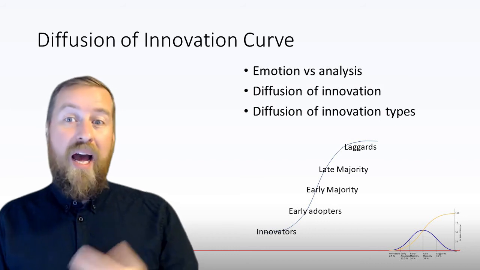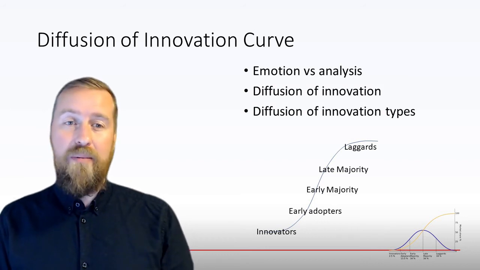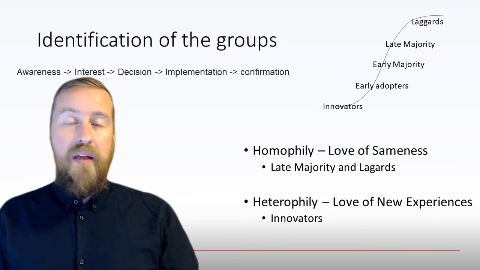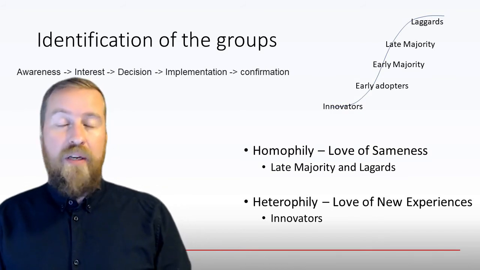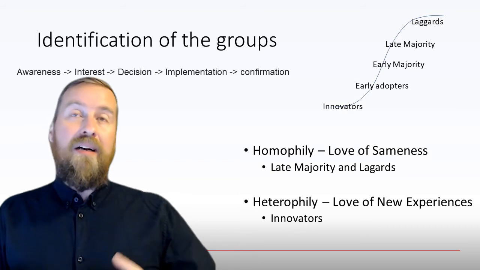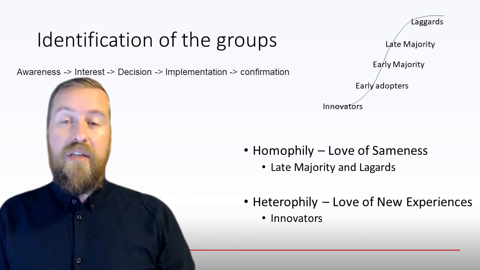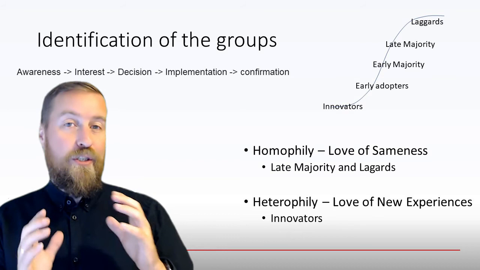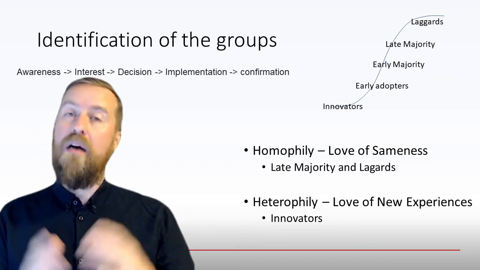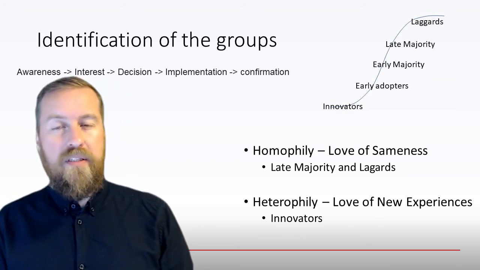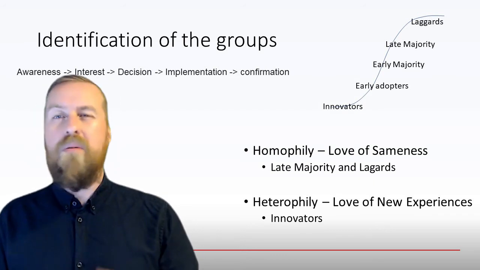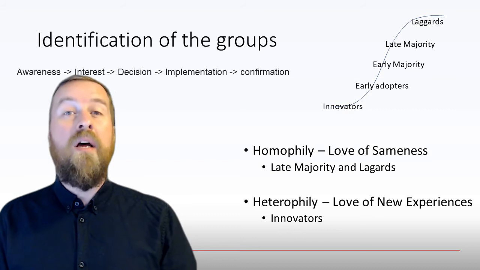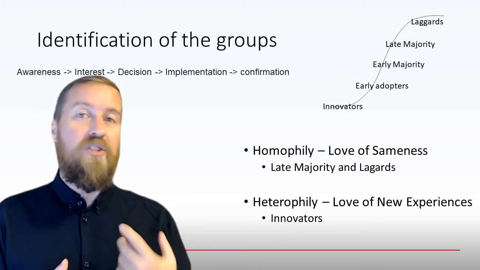Which leads me to, how can we then identify these people? Well, if we're looking at it from an individual perspective, people take in innovations in a number of stages. First stage is awareness: something out there. Second one is interest: something out there, and it's actually interesting. Maybe I should look into it. Therefore, I make a decision.